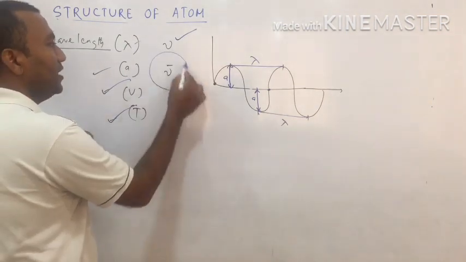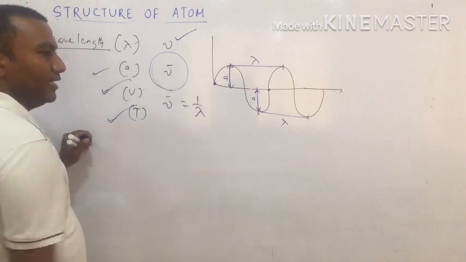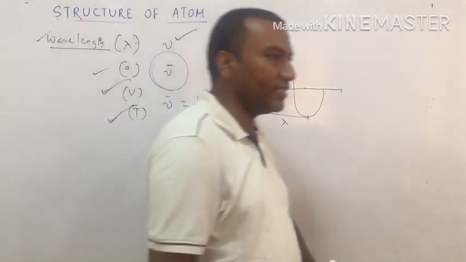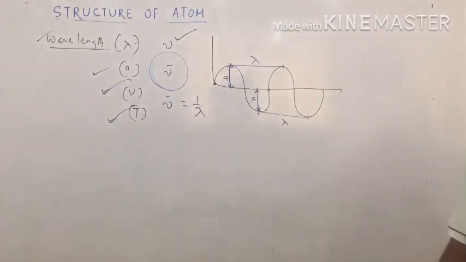Similarly, what is the meaning of wave number? Wave number is mathematically the reciprocal of wavelength: wave number nu bar equals 1 by lambda. So these are the different terms: time period, wave number, amplitude, velocity, frequency, and wavelength.